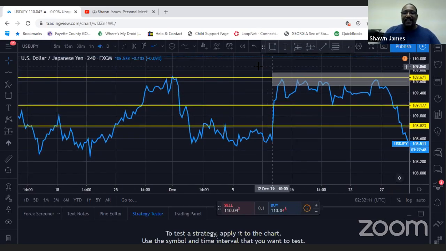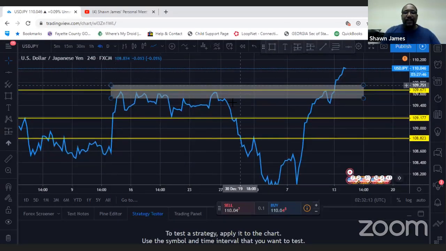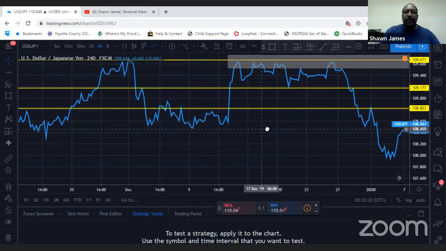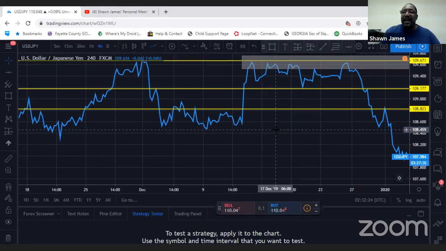We move in patterns. Trading is the same way, and all we're doing is identifying patterns in the market so that we can make educated decisions on where we believe price may go.